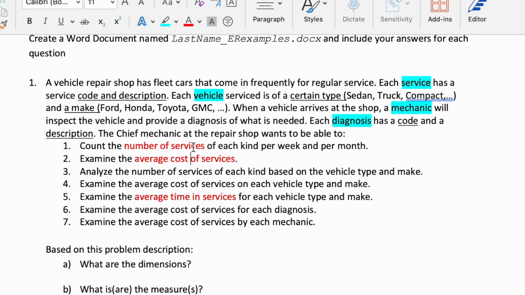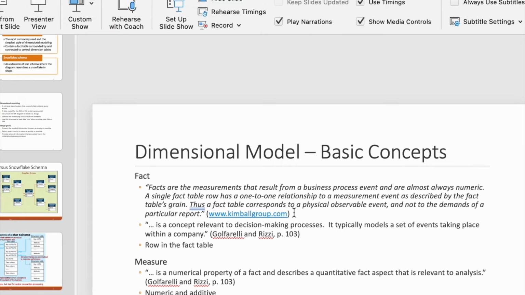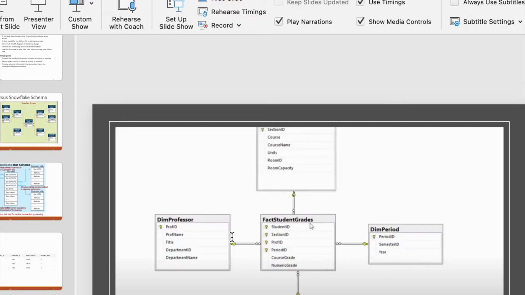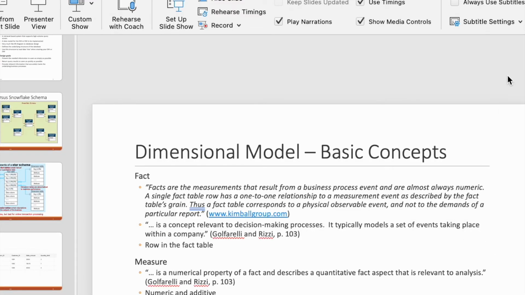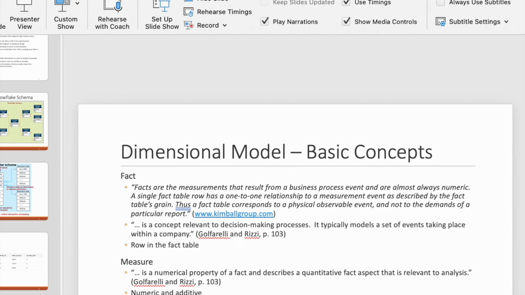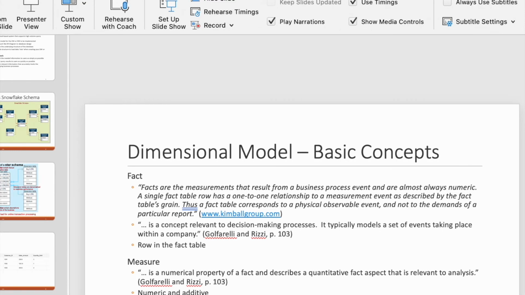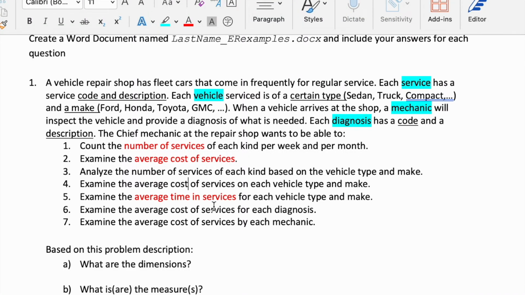So all these values will be the measures, right? The measures are numeric properties of a fact, aspects that are relevant to the analysis. So what is a fact relevant to the analysis? We care about their costs. So now it seems like we got the answer, right?